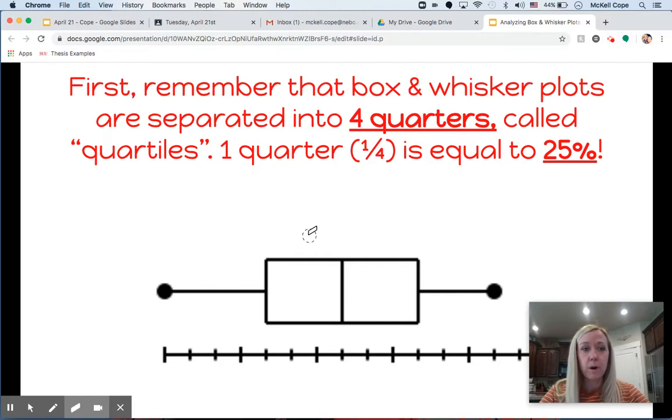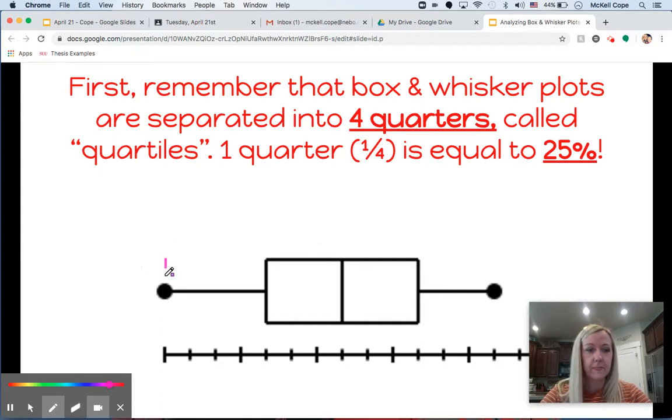So this is important to understand when we are analyzing the data so that we know that from here to here is our first quarter. From here to here is our second quarter. From here to here is our third quarter. And from here to here is our fourth quarter.